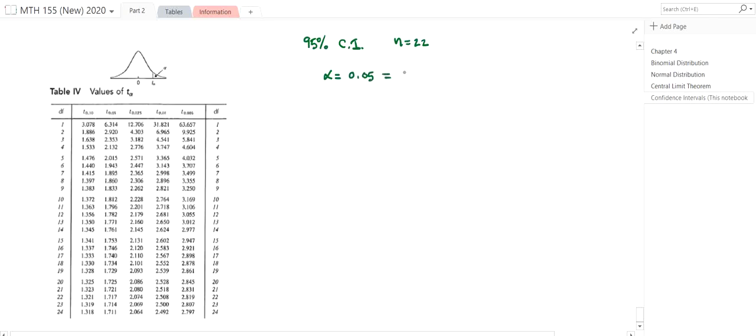So essentially I got that from 1 minus 0.95. Then alpha over 2 equals 0.025.